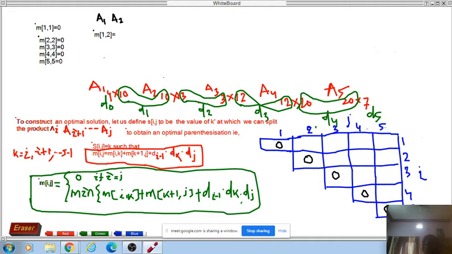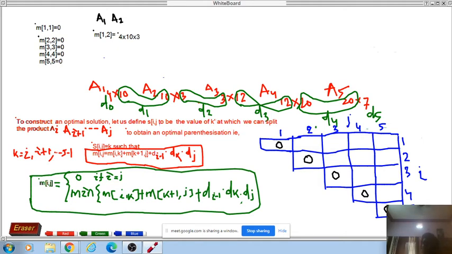So remember, whenever you find m of 1 2, I have already told you how many multiplications it will be. Because A1 A2, A1 is 4 by 10 and A2 is 10 by 3. How many multiplications will it be? 4 into 10 into 3.